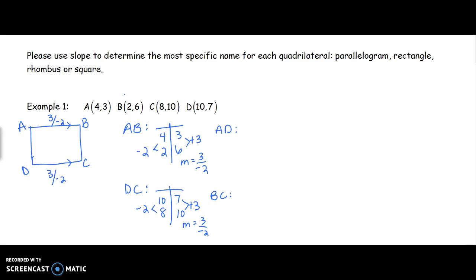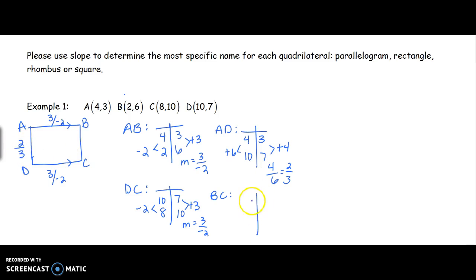We need to do the same thing for AD and BC. A is, again, 4, 3. D is 10, 7. So to get from 4 to 10, you add 6. From 3 to 7, you add 4. So your slope is 4 sixths, or simplified, 2/3.